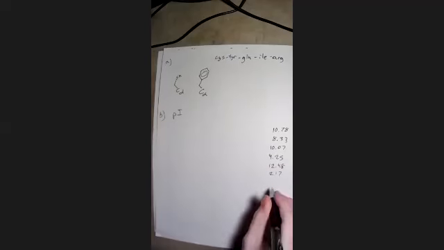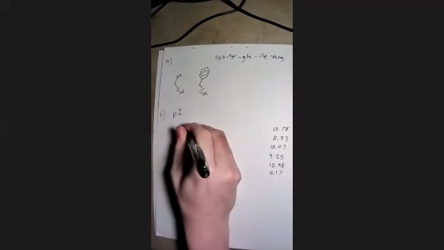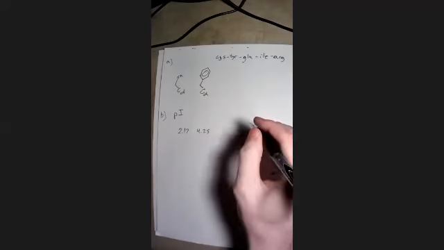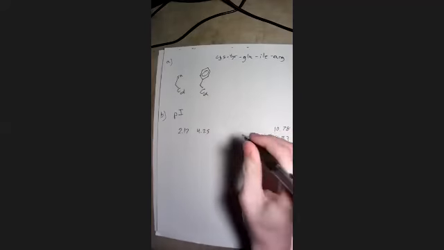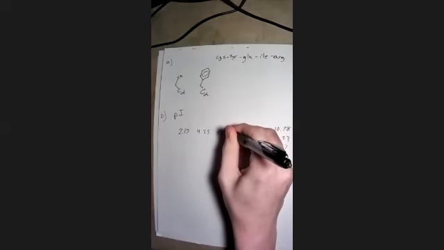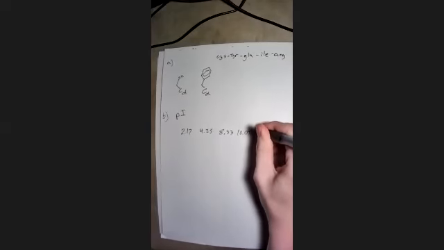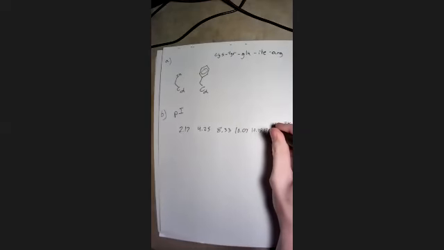So we list them least to greatest: 2.17, 4.25, 8.33, 10.07, 10.78, and then 12.48.